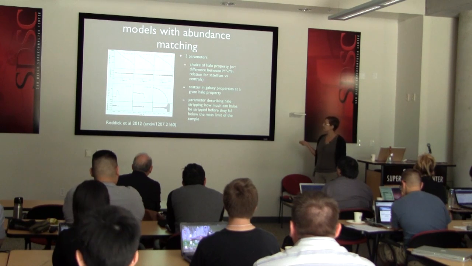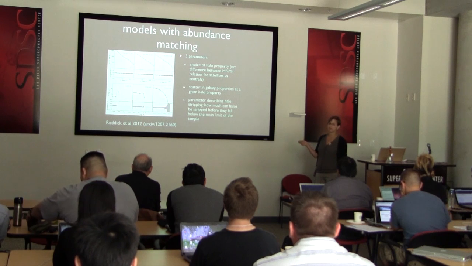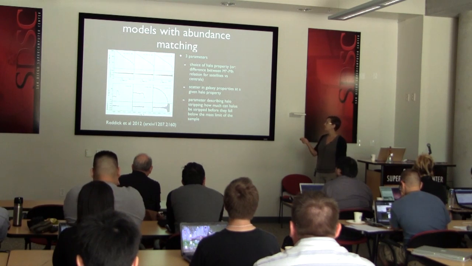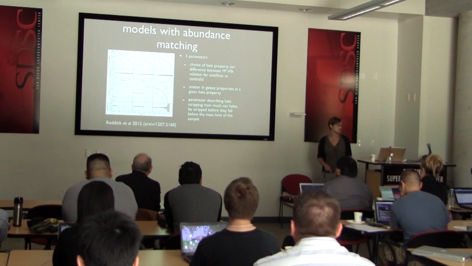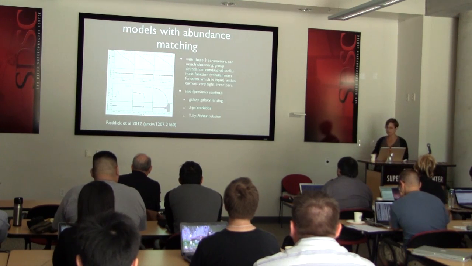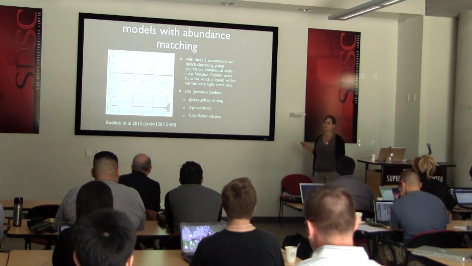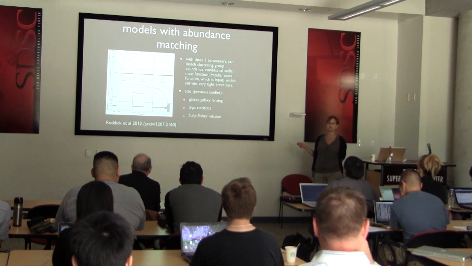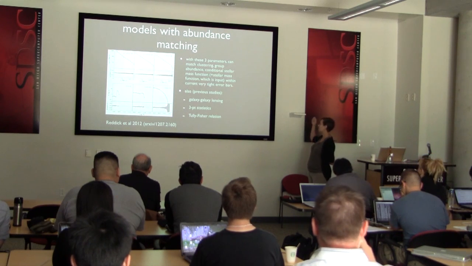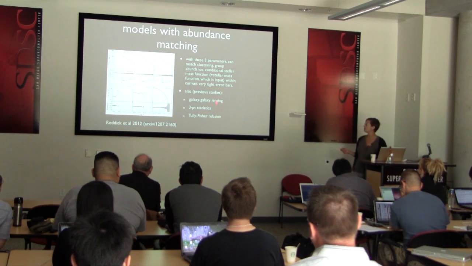And you can test this model by looking at, for example, the galaxy-galaxy correlation function, the group luminosity function. That's what we showed in this paper, which appeared last night. People have looked at other statistics and compared them to similar models. This has never been done with all of these statistics in one unified framework, but people have also, for example, looked at galaxy-galaxy lensing.